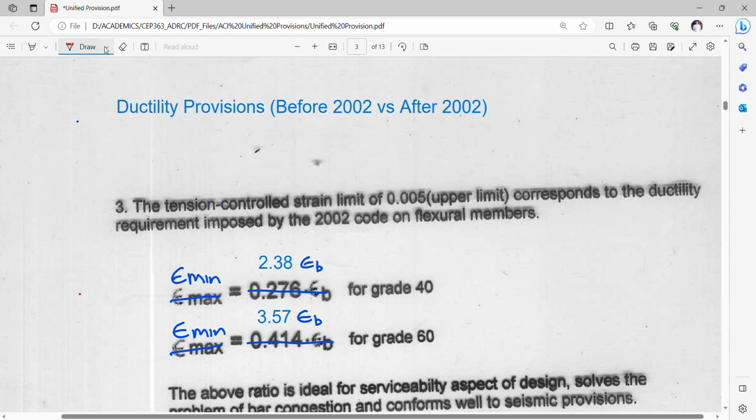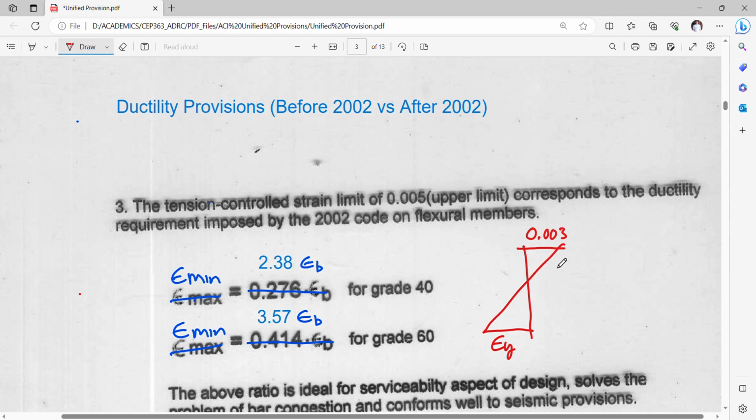Remember what I said in my previous lecture, that your epsilon balance is simply the point at which your steel will yield. Okay, your extreme most tension steel here will have an epsilon y simultaneously when your concrete crushes in compression.